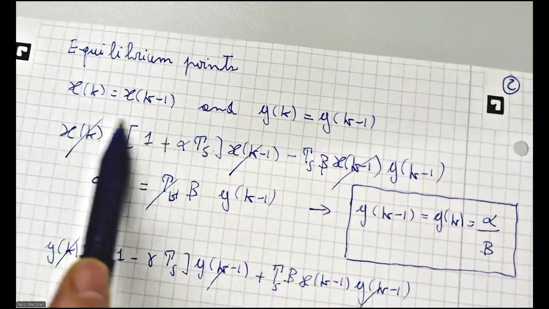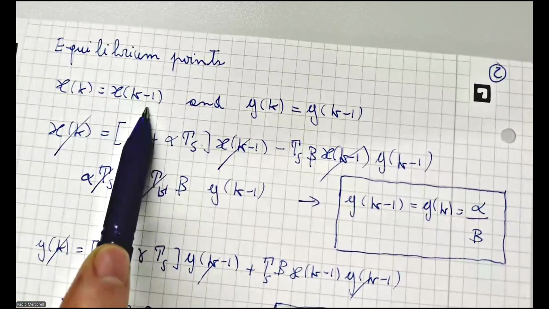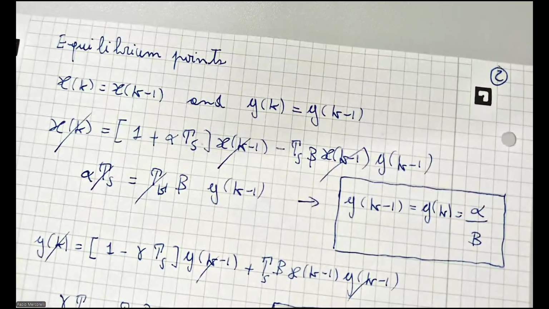If this holds for xk, that means the number of the preys does not change, and the number of the predators does not change. It's interesting in the analysis of dynamical systems to find this kind of point, which is characterized by no dynamics.